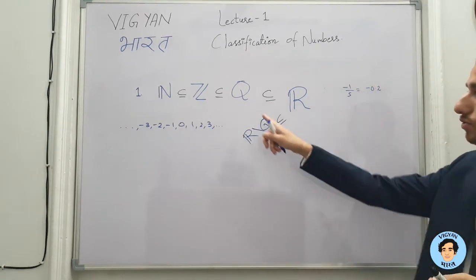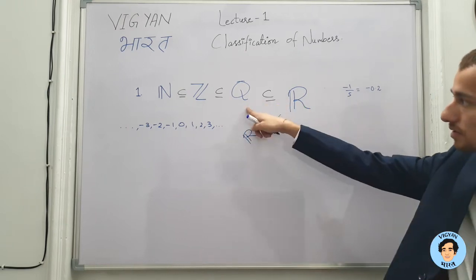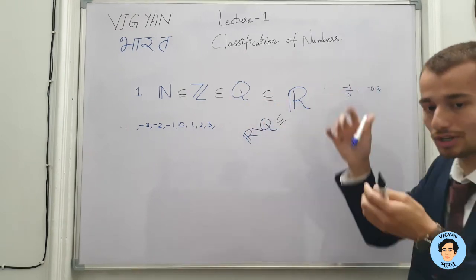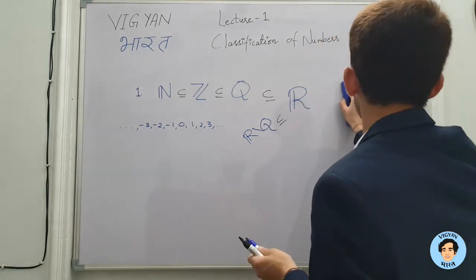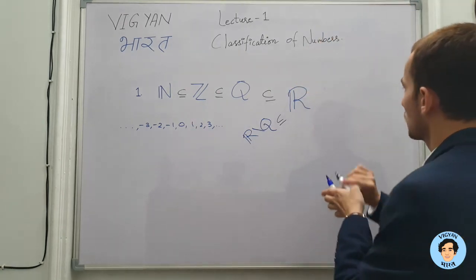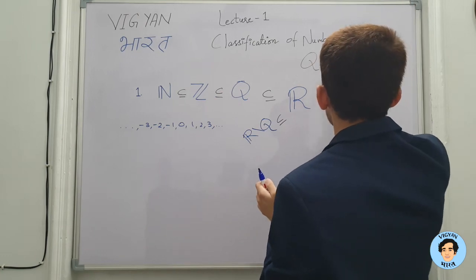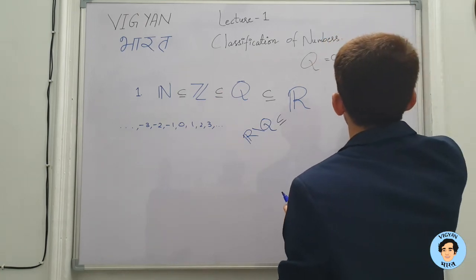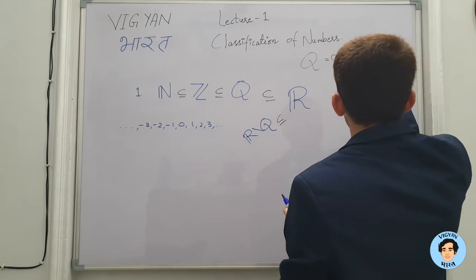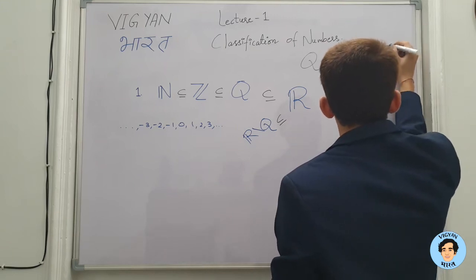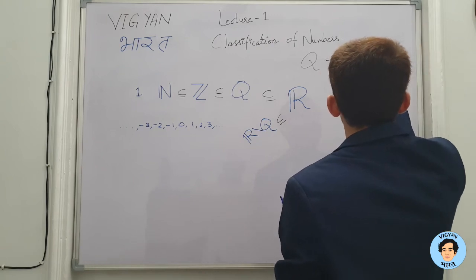So we have now come across numbers of this form in general. Q can be expressed as a collection of numbers of the form A by B, where A, B, and I'll be explaining what this notation means, provided B is non-zero.